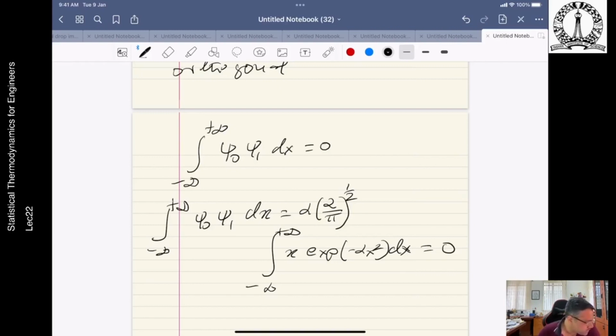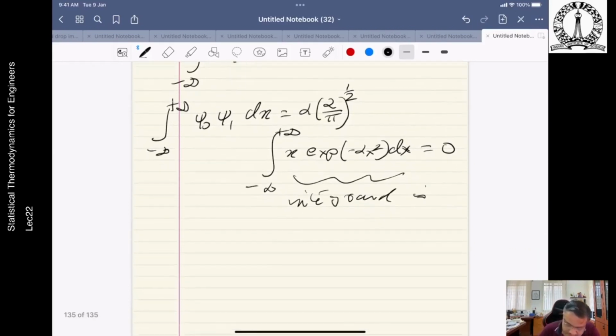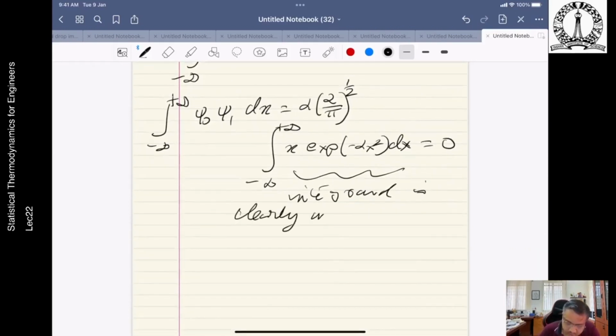You can validate this: the integrand is clearly an odd function of x.